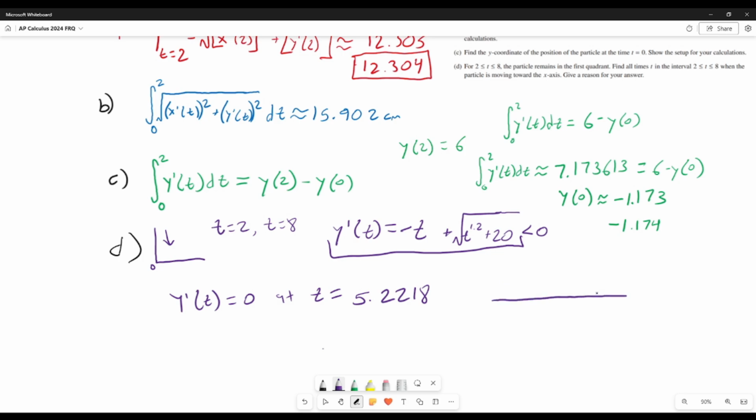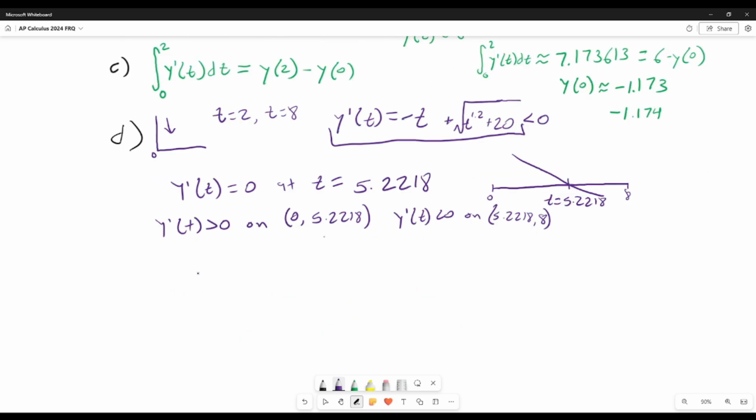And you'll probably notice a graph that looks something like this. Before this time, your y velocity is positive, and after, it is negative.